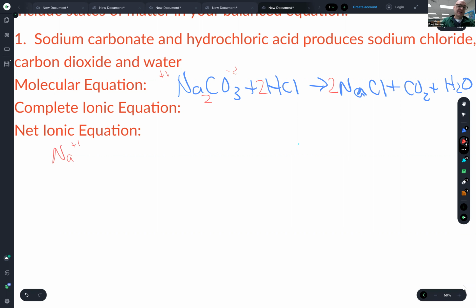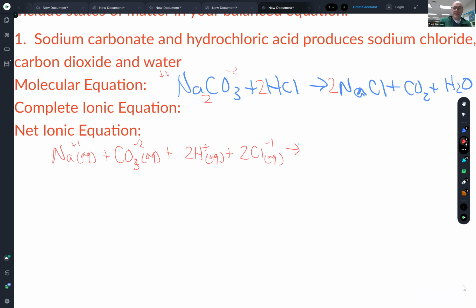So I've got sodium with a +1, aqueous, plus carbonate, again -2, aqueous, plus 2 hydrogen ions, aqueous, plus 2 chloride ions, aqueous. Now, everything is aqueous there.